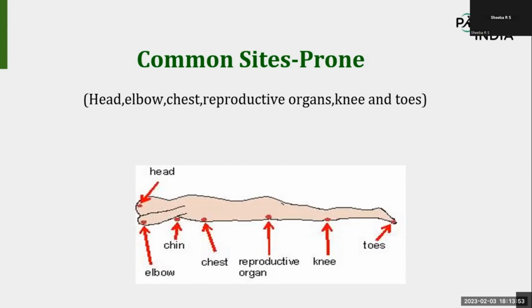So before they go for the surgery, we need to train the patient in prone position and make sure that the patient is able to continue the prone position. Otherwise, the surgery is of no benefit.